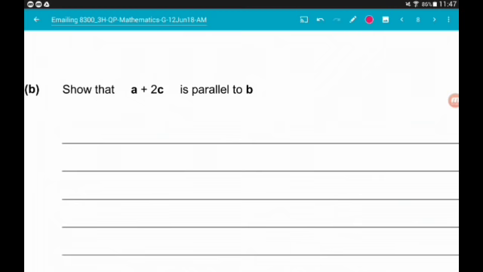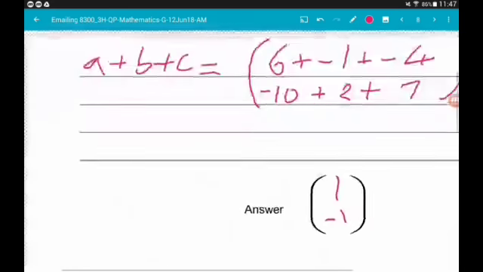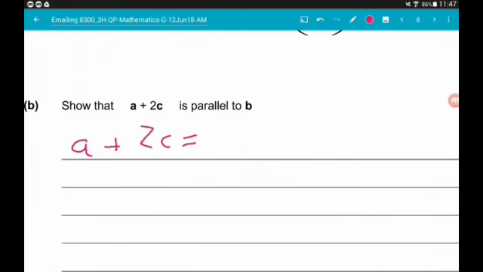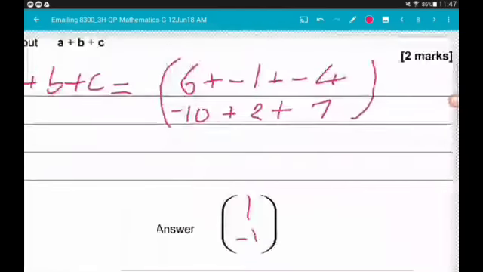So if vectors are parallel, then they are multiples of each other. So I'll show you what I mean by that as we do the question. So A plus 2C is going to be 6 minus 10 add 2 lots of whatever C is.